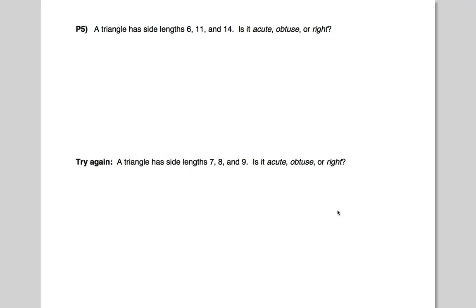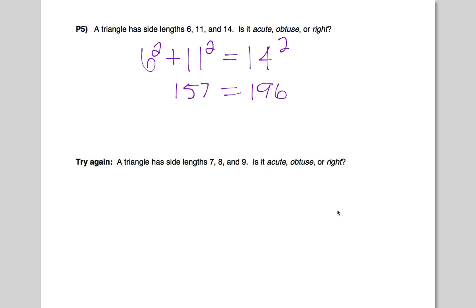So we have these three. We're going to just check it out one more time. So we have 6 squared plus 11 squared equals 14 squared. So that's 196. That's 121 plus 36. It's just 157. So the hypotenuse squared does not equal that.